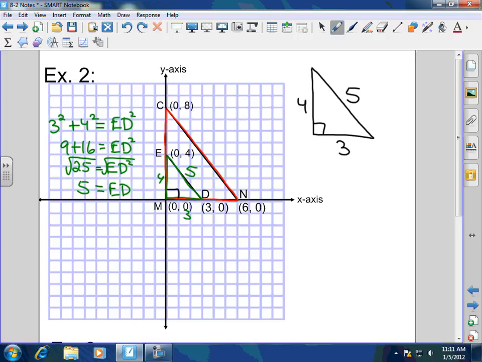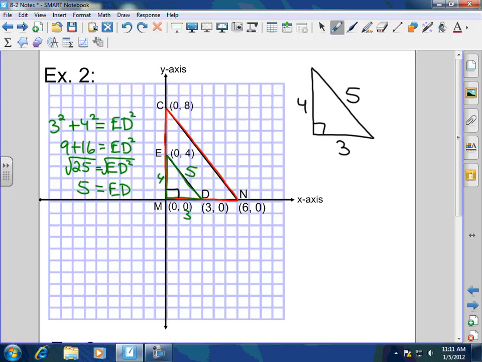I did not assume anything. The intersection between the x and the y-axis is always a 90-degree angle. If the x and y-axis were not there, then we'd have to prove that it was 90 degrees. But in this case, they gave us an x and y-axis, sir.